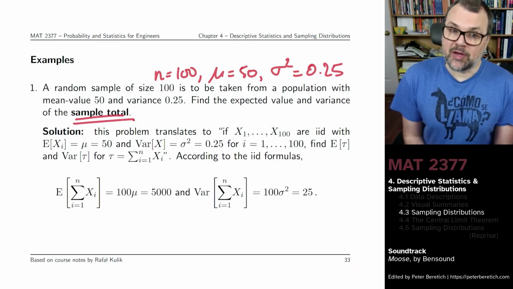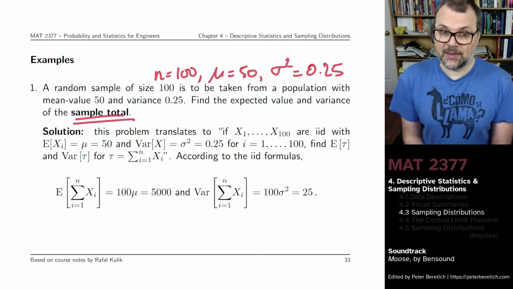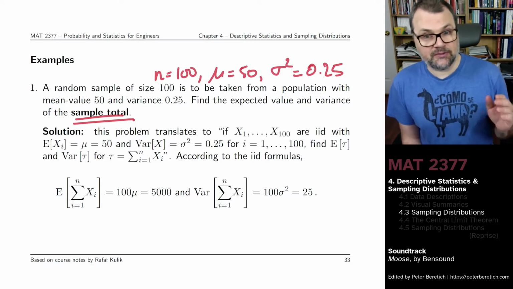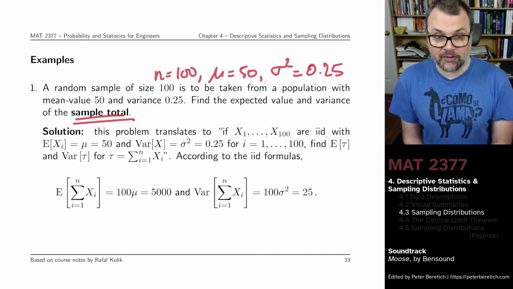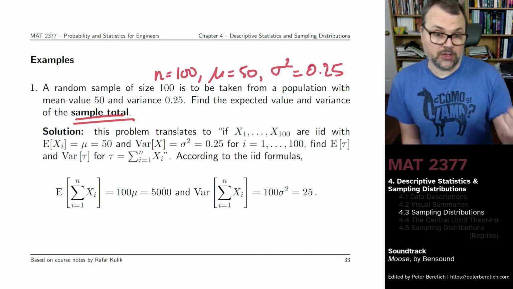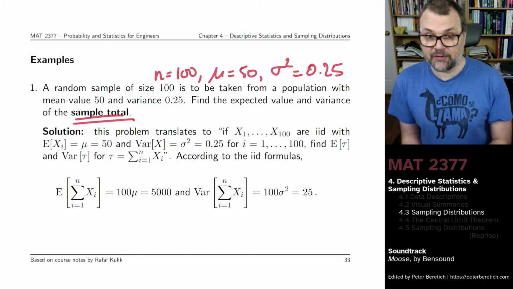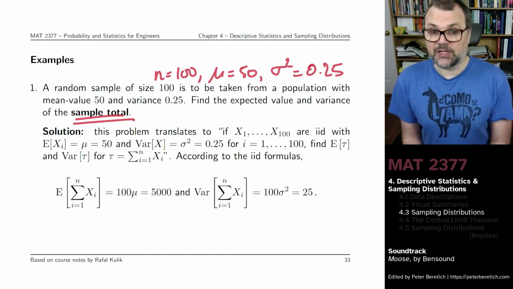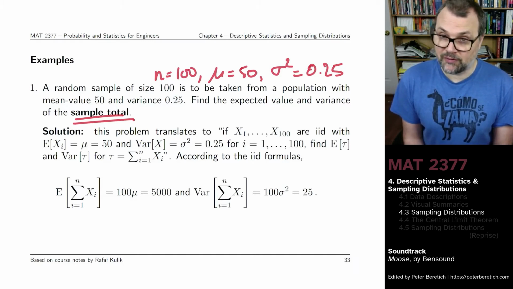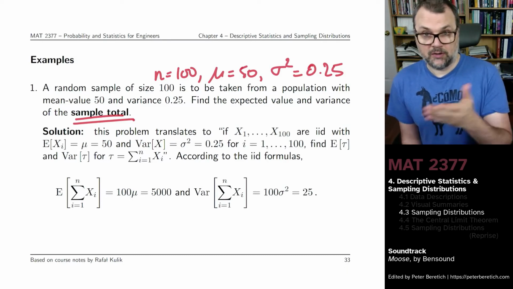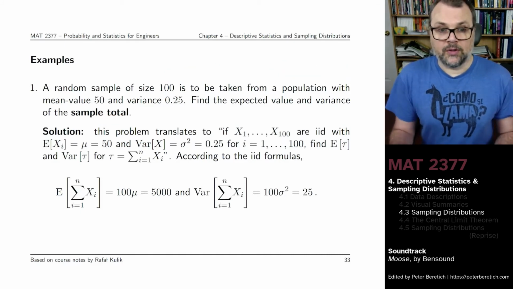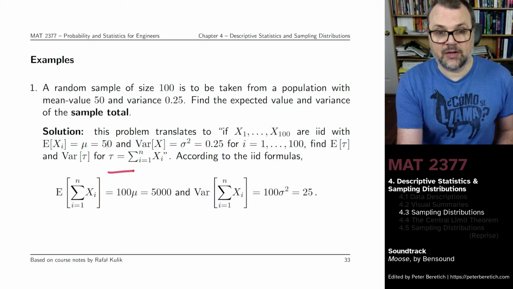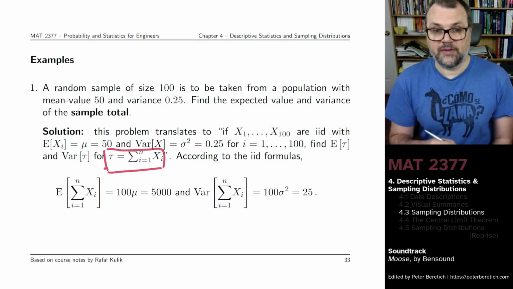So what you need to be able to understand here is that this problem actually translates to the following statement. If x1 to x100 are IID with an expectation, which is the constant mu, which happens to be 50, and a variance, which is sigma squared, 0.25 for every single one of the random variables, find the expectation of the total and the variance of the total, where the total tau is the sum of these variables.